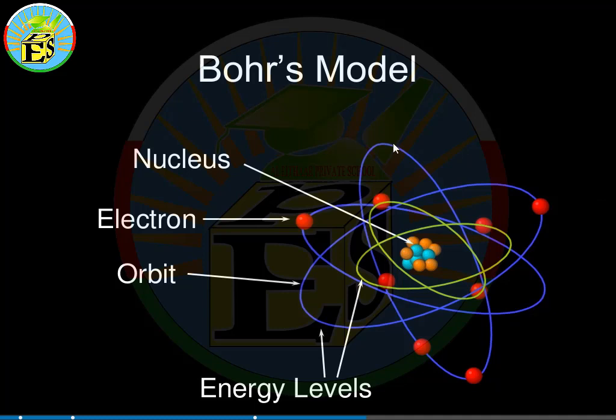This is Bohr's model. This is a nucleus with protons of positive charge and neutrons with neutral charge, and electrons take specific orbits around the nucleus. This is the orbit, this is the electron, this is the energy level.